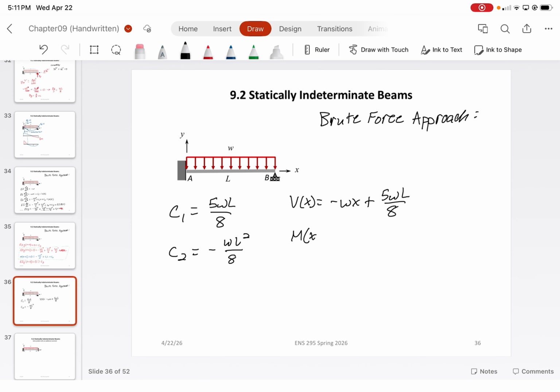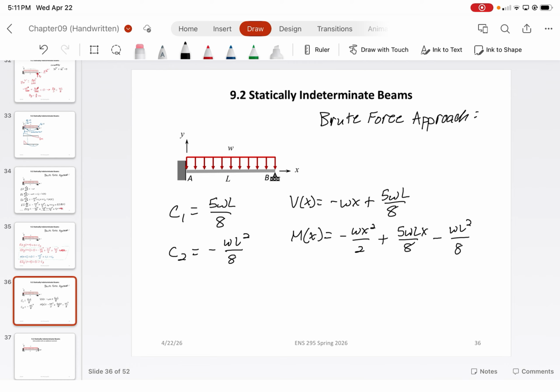For M of x, we get negative Wx squared divided by 2 plus 5WL over 8x, or C1 times x, plus C2, which is going to be negative WL squared over 8.